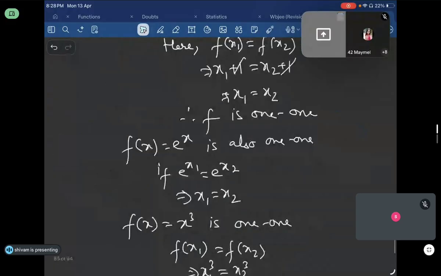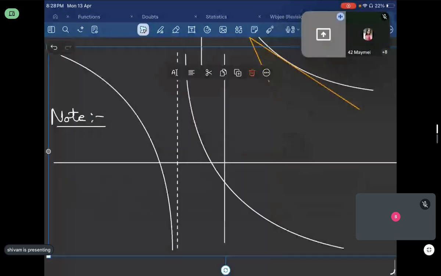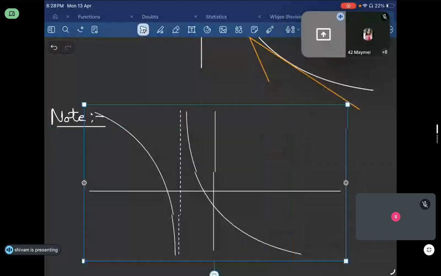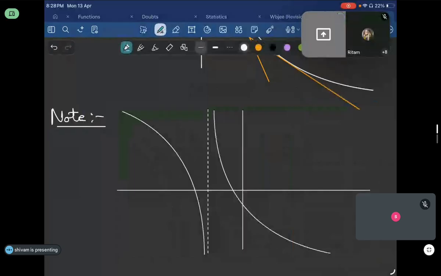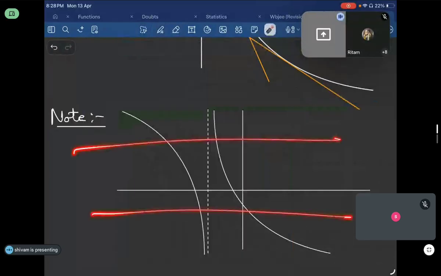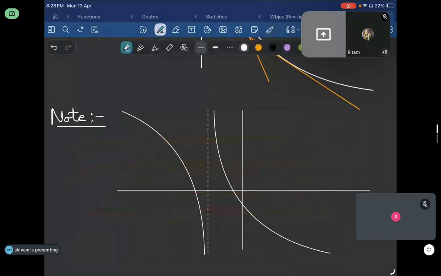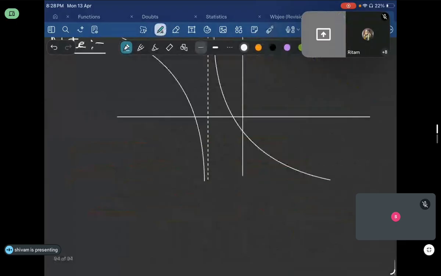Are people getting it? Yes, sir. You will definitely find a straight line parallel to the x-axis which will cut the graph at distinct points. Definitely you will find it. So over here also it is many one.